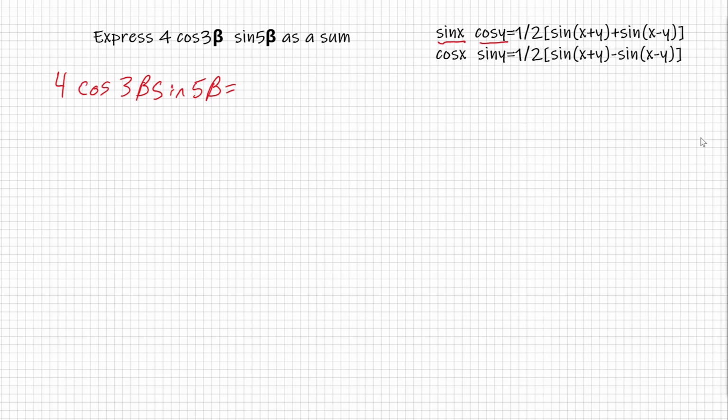And according to our rule here, cosine of something times sine of something else is going to be 1/2 times, and the 4 is just going to go along for the ride, so it'll be 4/2 times sine of the sum of the two numbers, so this will be sine of 3 beta plus 5 beta, minus sine of the difference of the two, that would be 3 beta minus 5 beta.